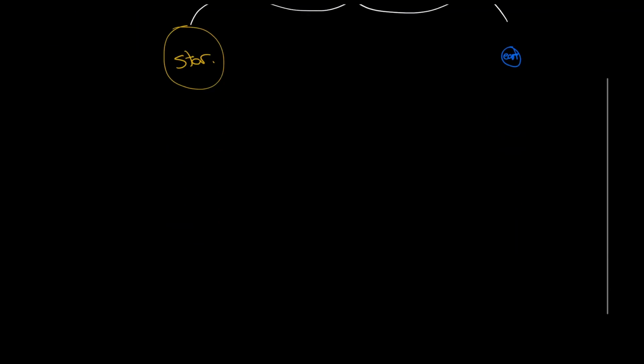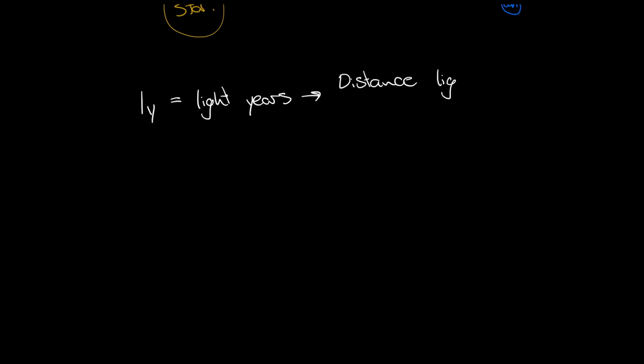And light years is something you may not have seen before. I'm just telling you, this means light years. What does it mean? It's the distance light travels in 1 year.